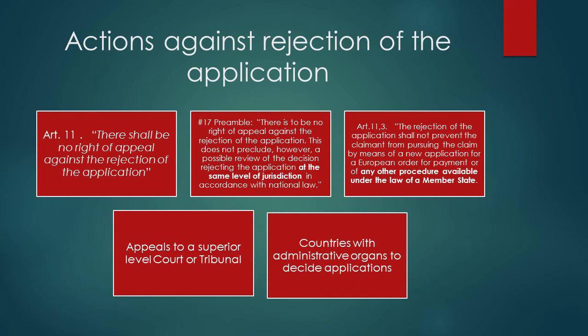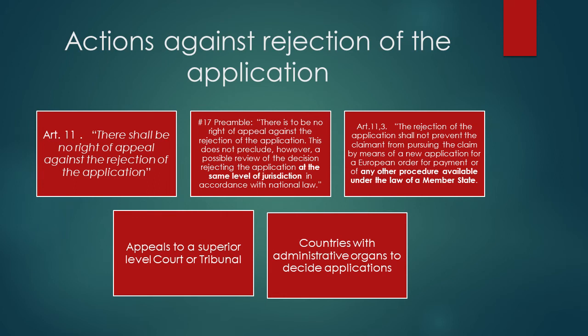These are the different actions against rejection of the application. We've seen at the beginning of my presentation that this action against rejection of the application is a drawback. It's one of the main drawbacks of the EOP.